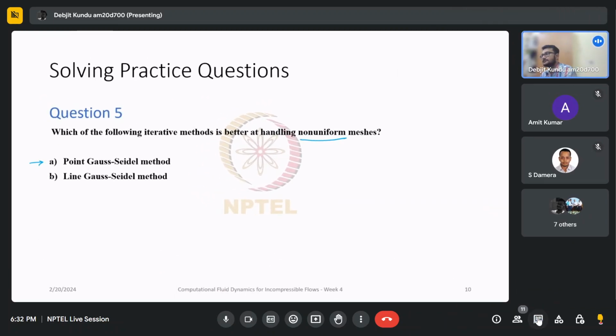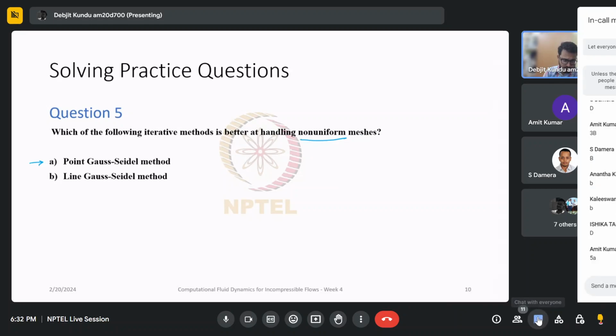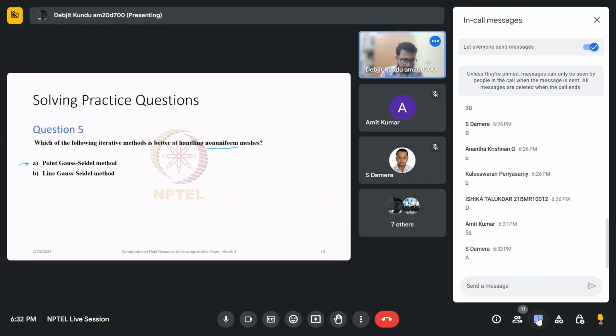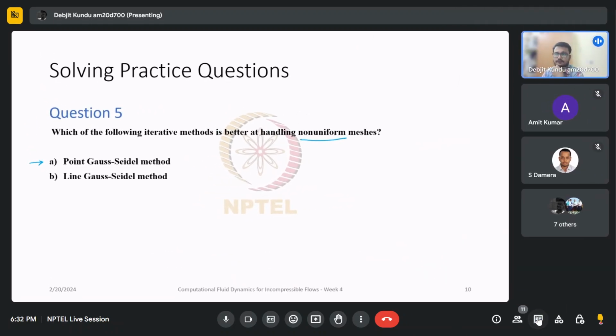Let's see what others have to say. Again, in favor of A. We got a couple responses in favor of option A. Let's see what others have to say.